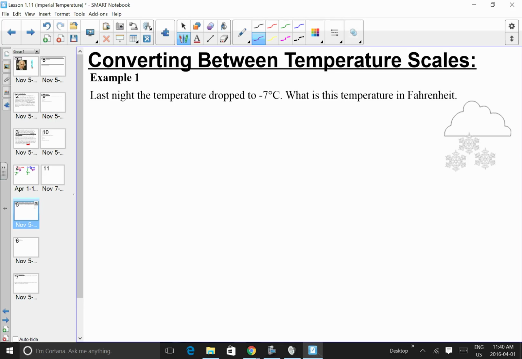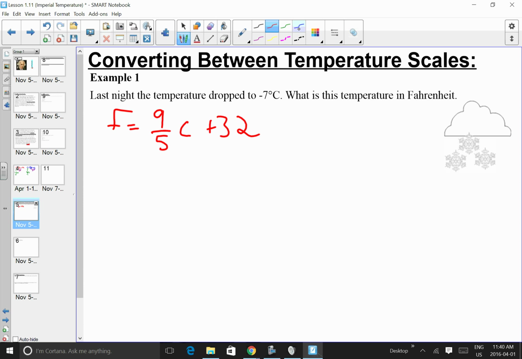Alright, so last night the temperature dropped to minus 7 degrees Celsius. Ooh, so cold. That was sarcasm. What is this temperature in Fahrenheit? So because we're looking for Fahrenheit, you're going to use the formula with the F out front. So F equals 9 over 5 C plus 32.